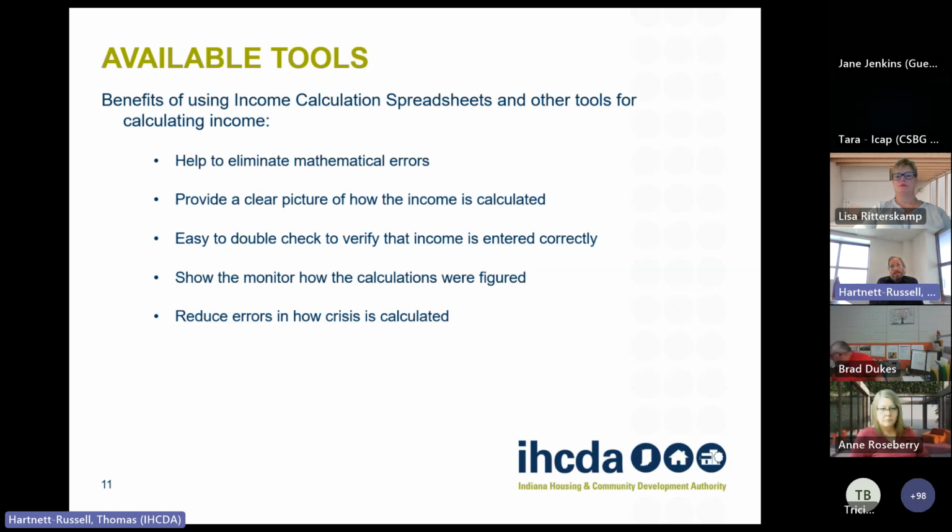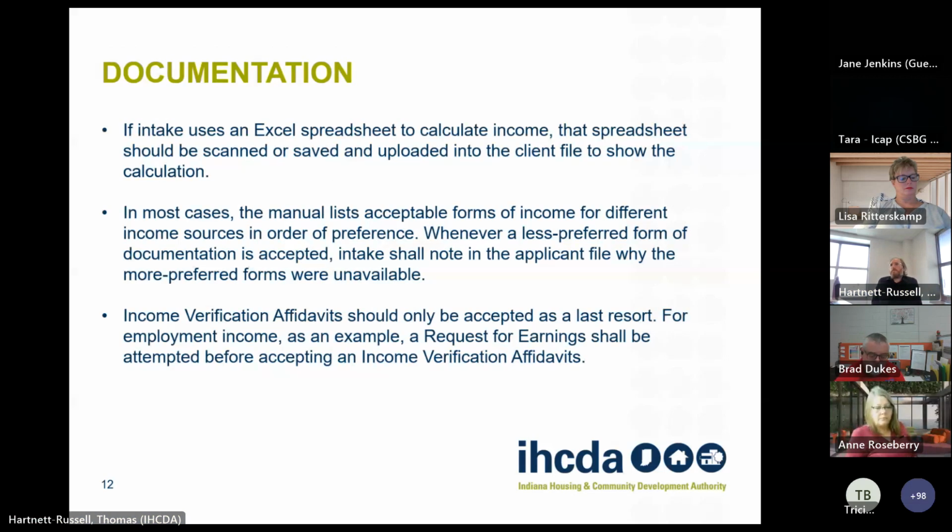They show Renee, our monitor, or a federal monitor, upon federal monitoring, how the calculations were arrived at, and they reduce errors in how crisis is calculated. So if intake uses an Excel spreadsheet in order to calculate the income, that spreadsheet should be scanned or saved and uploaded in the client file in order to demonstrate that calculation.